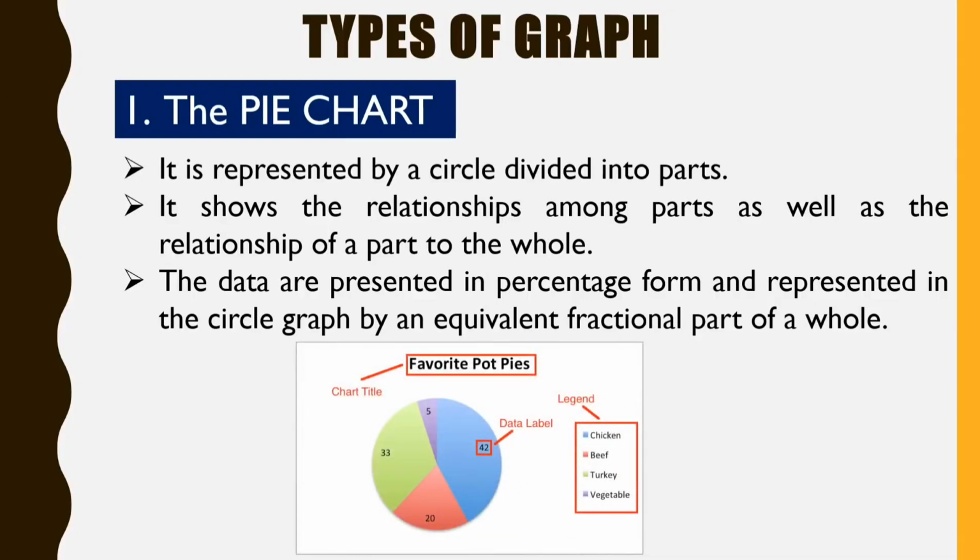In this diagram, you can see an example of a pie chart. This pie chart has different parts: the title, the labels, and the legend. These parts are important for us to easily analyze and to give descriptions to the data presented.